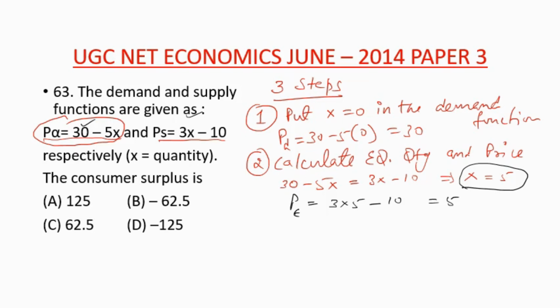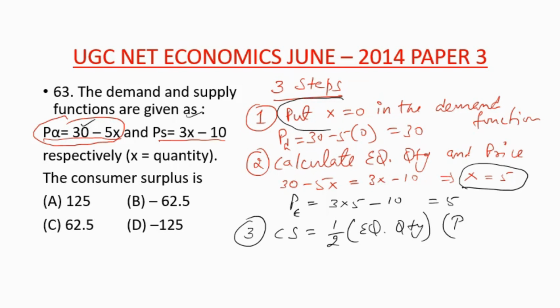Now the third step, the last and final step, is consumer surplus. The formula is half multiplied by the equilibrium quantity, multiplied by the difference of the price which we got by putting x is equal to 0 in the demand function, let's call it P0, minus PE.